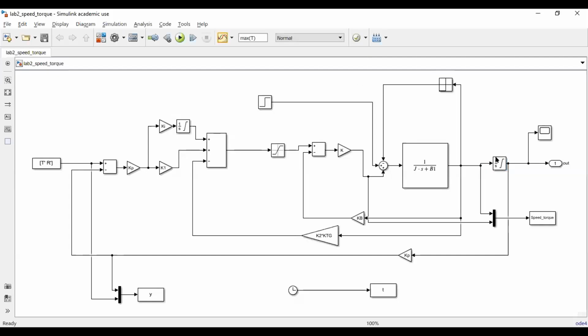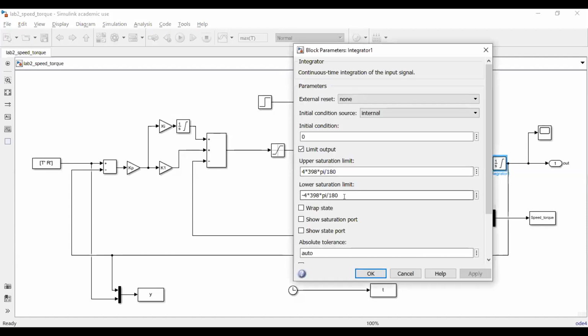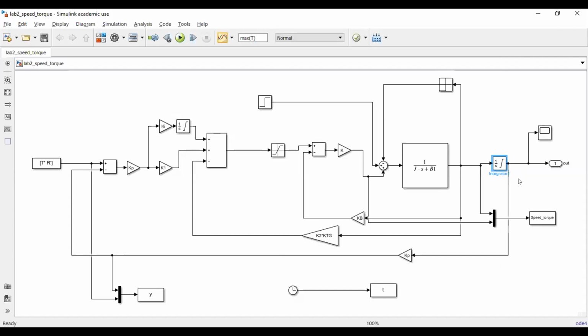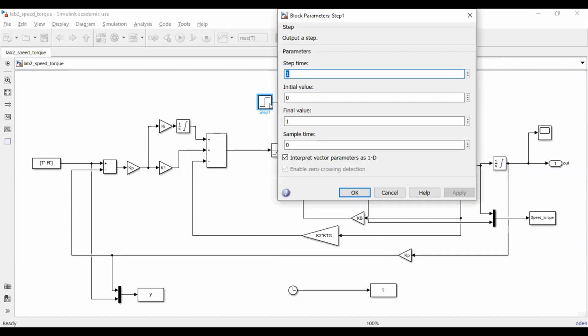Yeah, you take that last integrator. So this one. Then in this disturbance input, the step, make it 0 final value. Okay.